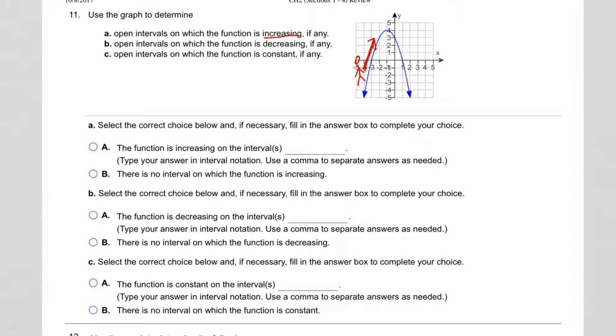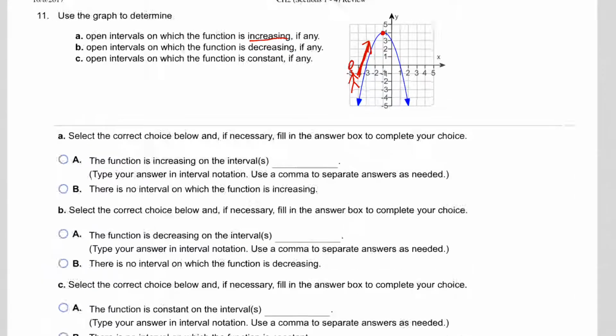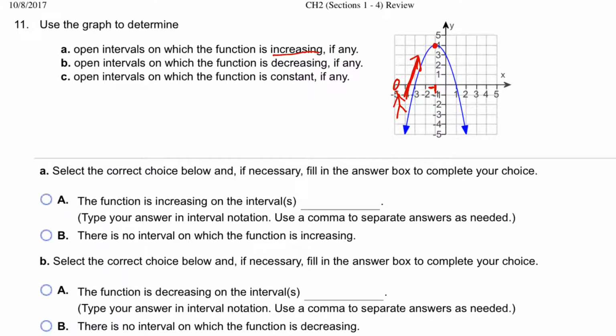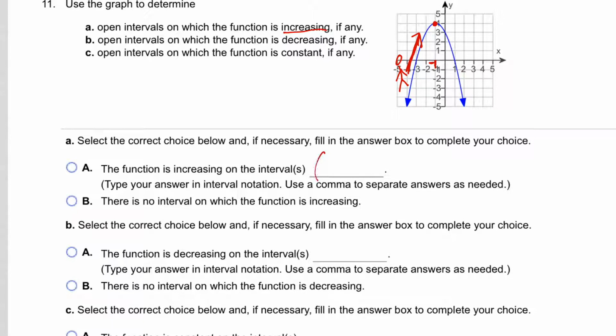Okay, and that stops increasing right there at the maximum, and that is at x equals -1. So x equals -1, all right, is the location on the domain where this function stops increasing, and it changes from increasing to decreasing. So from -infinity, it's increasing all the way up to -1 for the domain, and that's open interval.